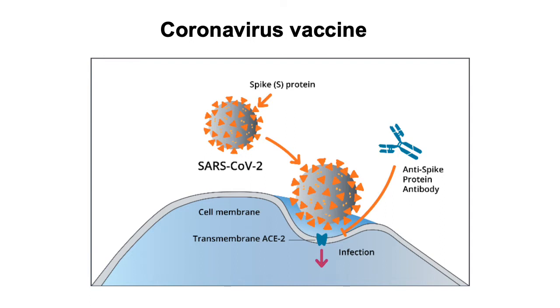So you have the virus sitting on the surface of the cell, and if we can get some antibodies that would block that interaction against the spike protein, that is one way that scientists are trying to develop coronavirus vaccines right now. So this is how some of that genetic technology is actually being used.